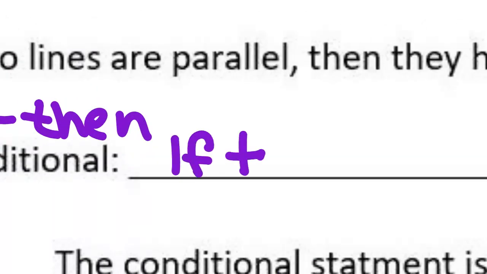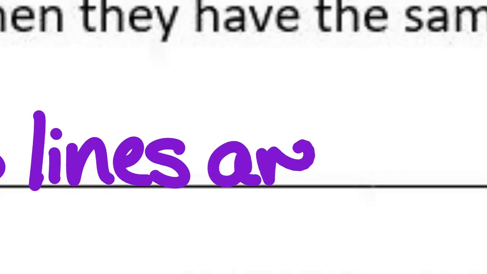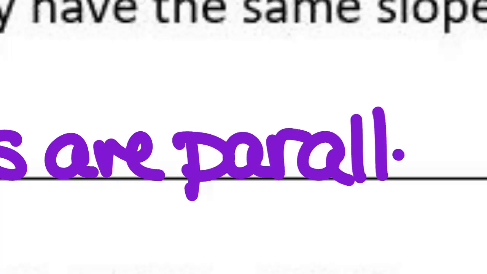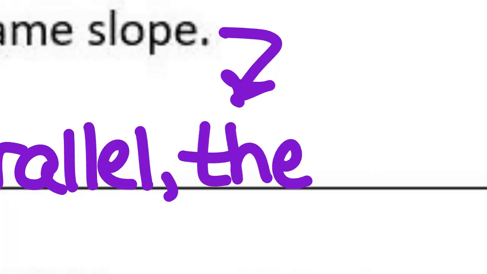If two lines are parallel, then they have the same slope.